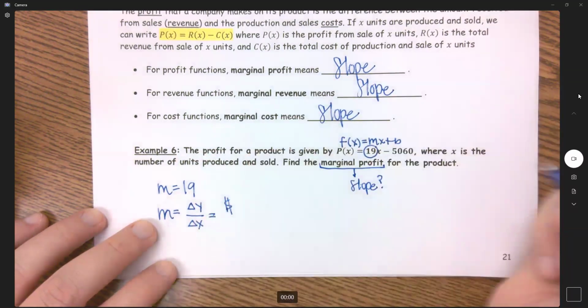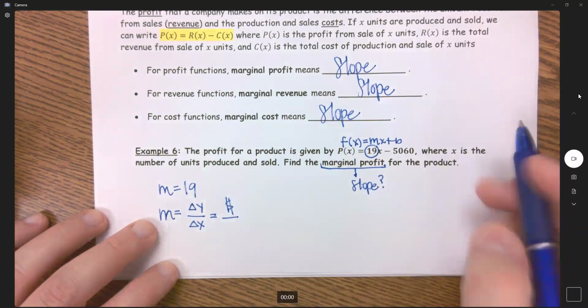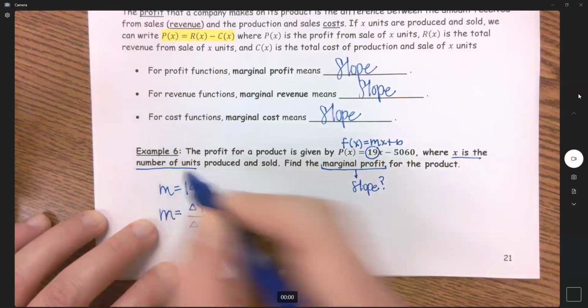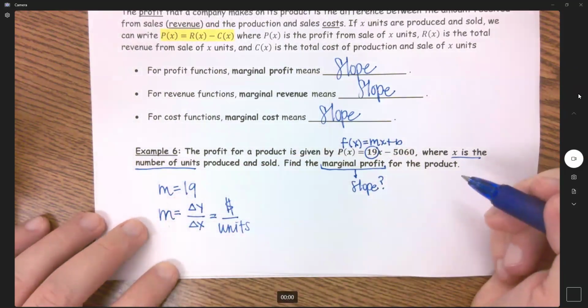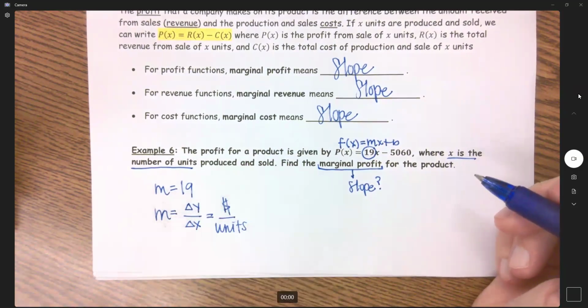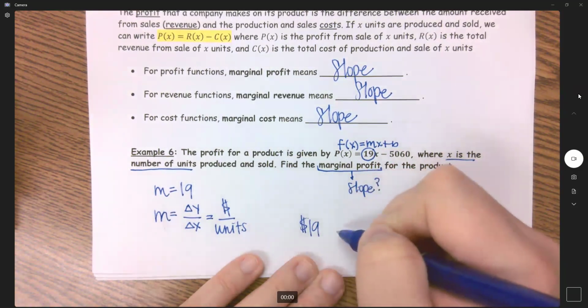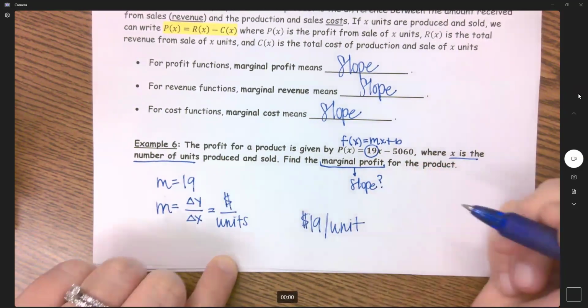It's talking about money. Over what? x is the number of units. So here, what is the marginal profit? It is $19 per unit.